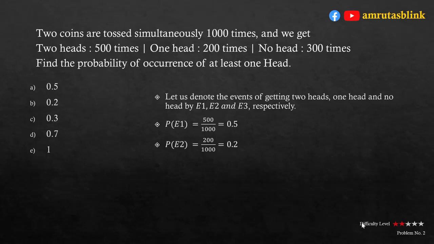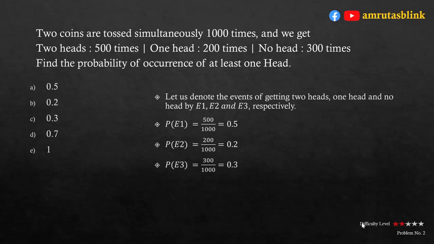E2 is an event where there was one head out of both the coins. So probability of E2 is equal to 200 upon 1000, that is 0.2, and probability of E3, that is probability of no head, that means on both the coins there were only tail, is equal to 300 upon 1000, that is 0.3.